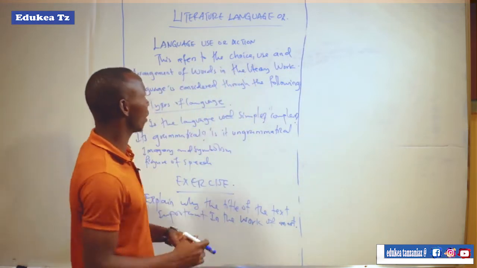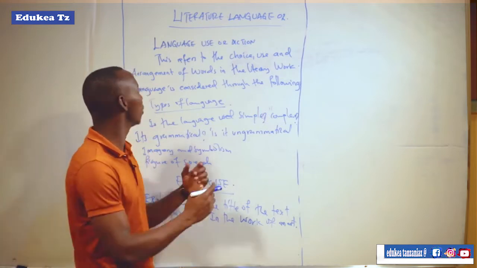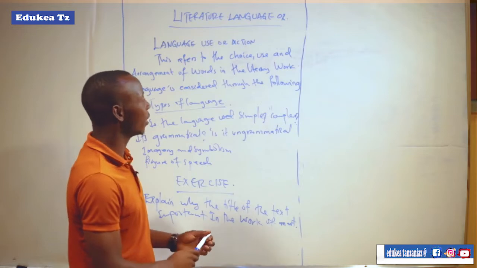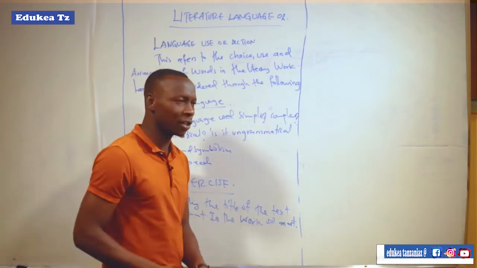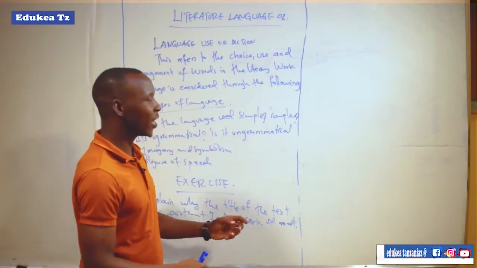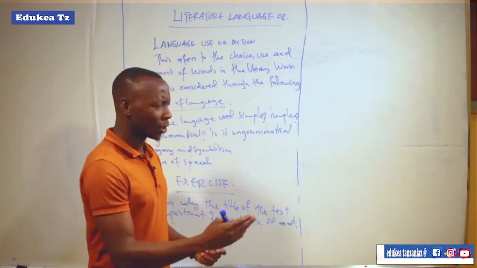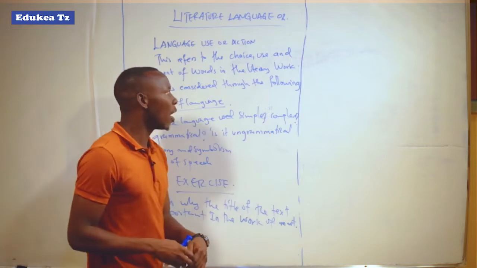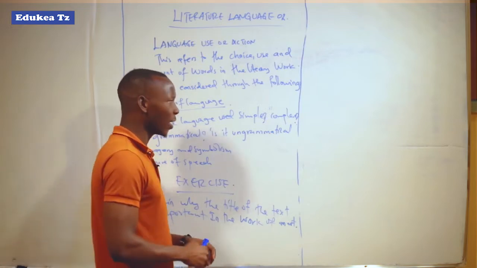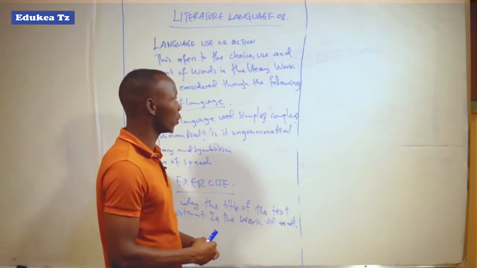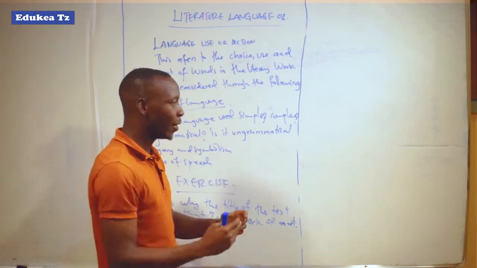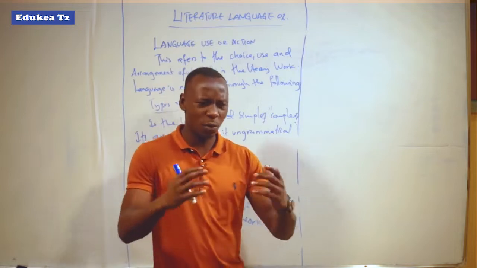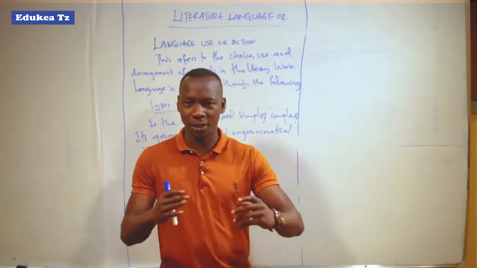In a simple way, this refers to the choice, use and arrangement of words in literary works. In a work of art, normally there is an arrangement and choice of words. What kind of word should be used? Either adjectives, verbs, adverbs and other word classes, so that they can beautify the work of art, because this work of art is characterized by figurative language.